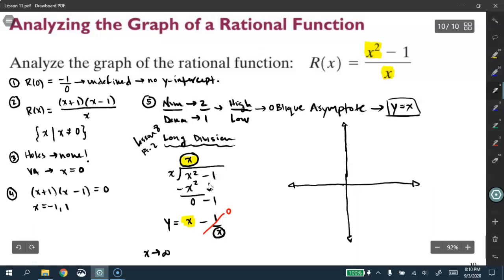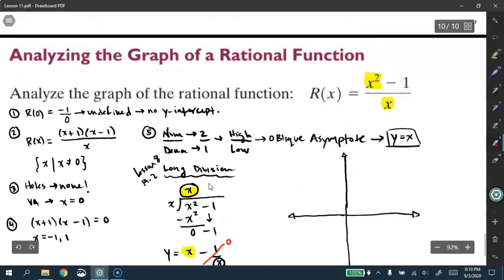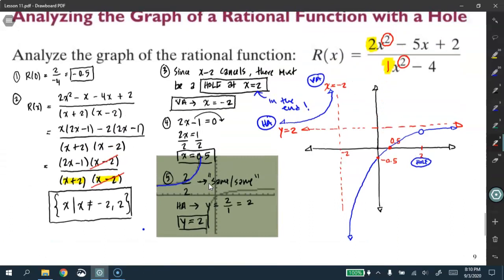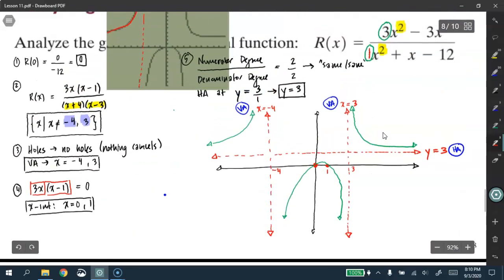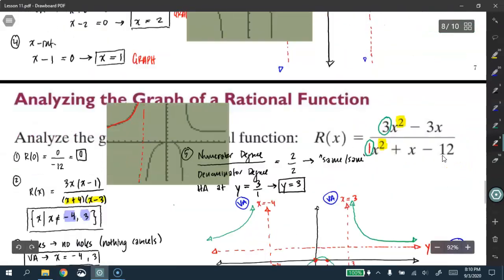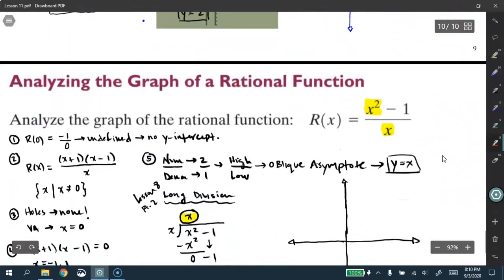As opposed to before, where you would have had a horizontal asymptote, you can review some of the horizontal asymptotes: in this example, there was a horizontal asymptote at y equals 2. In the previous example, there was a horizontal asymptote at y equals 3, and the one before that, it was at y equals 0. So notice how it was either a horizontal asymptote or a vertical asymptote.